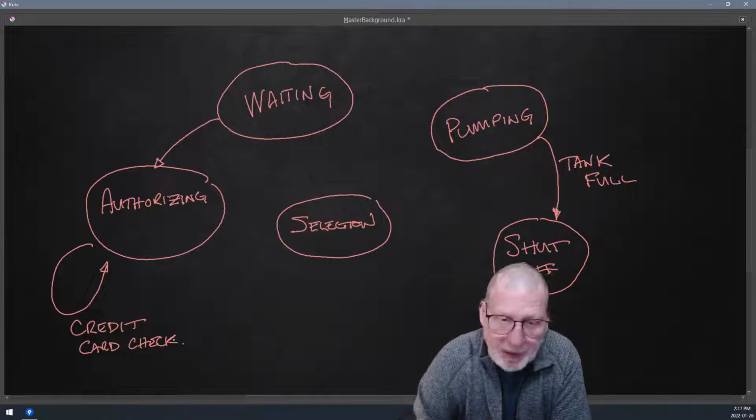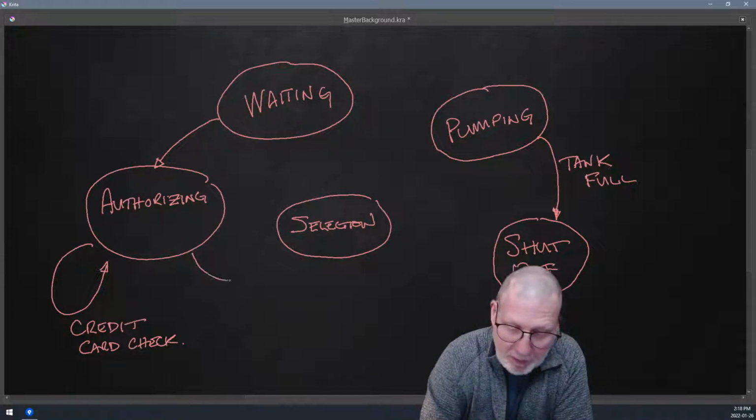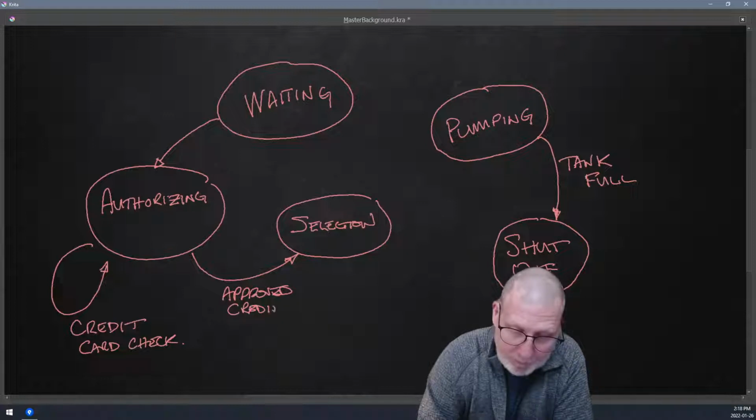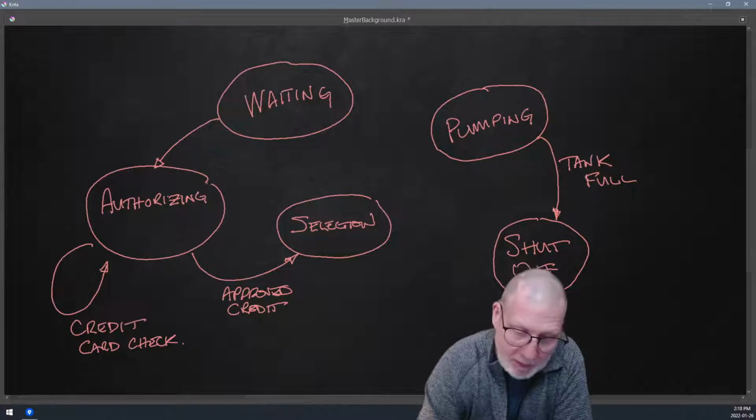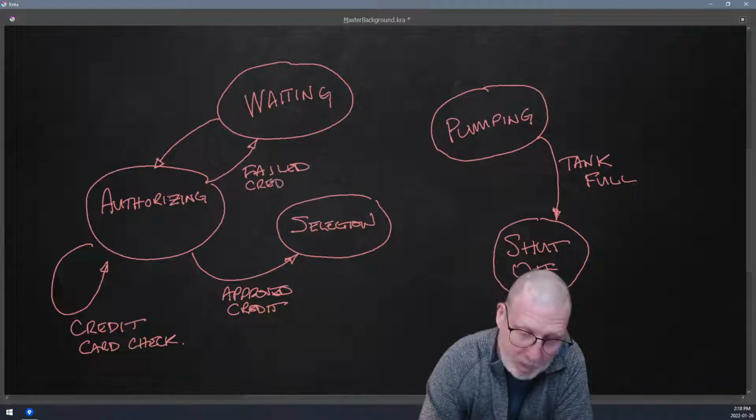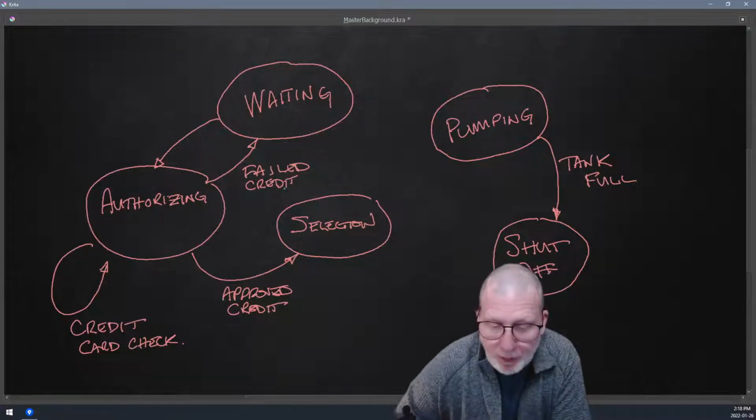But states are places they sit until some action gets them out of that state. So approved. Now, if you want to deal with the simple kind of error states, failed credit would go back to waiting, right?